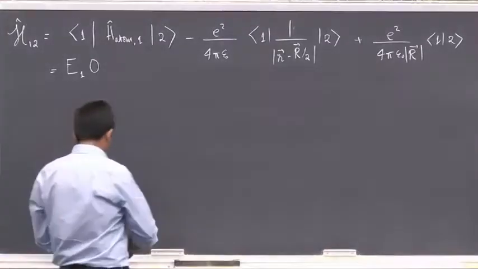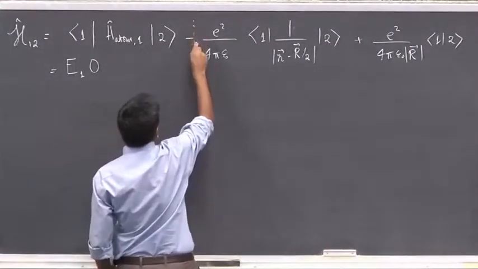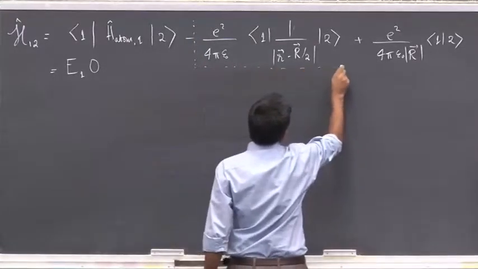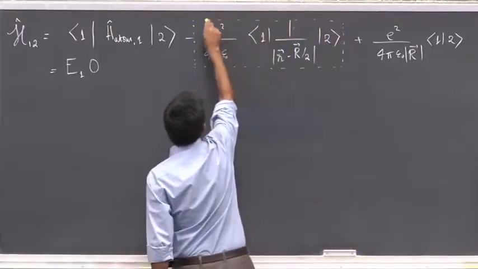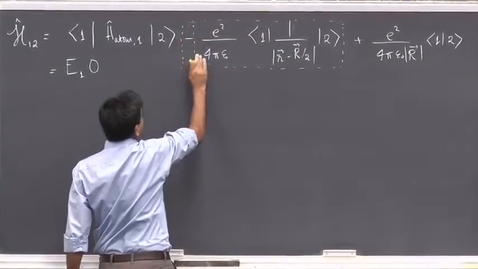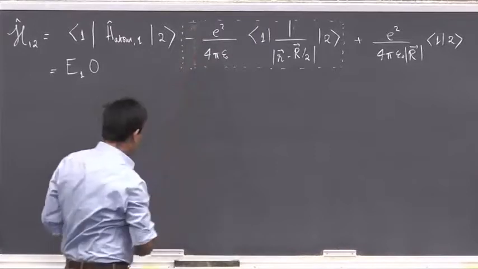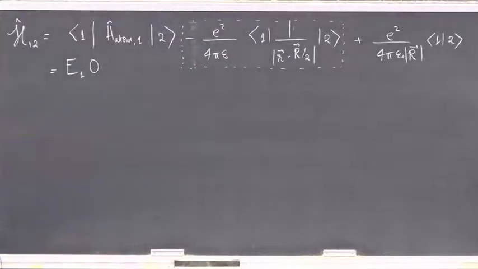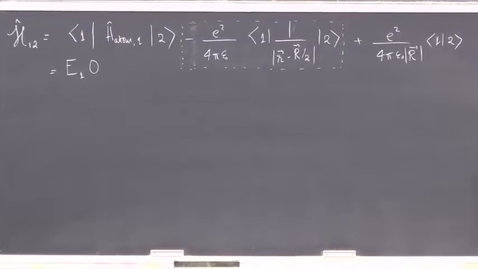Now this thing is a Coulombic term. So an electron here, if you look at this term, represents a Coulombic term over here.